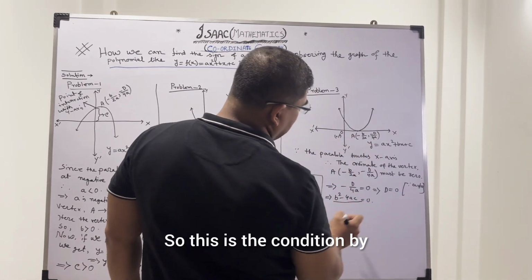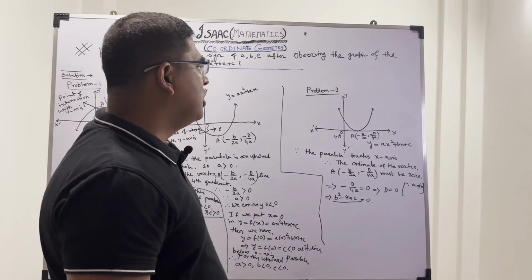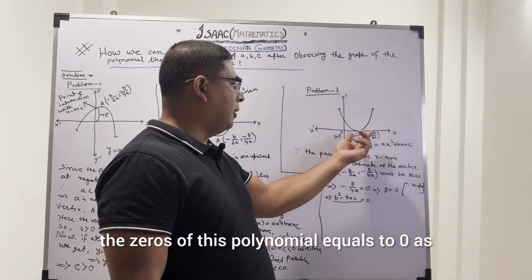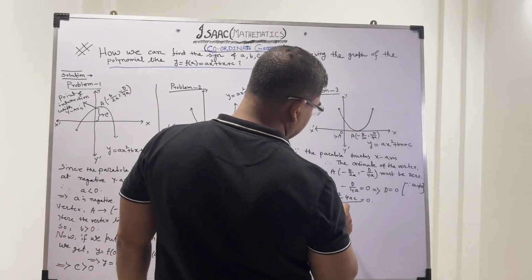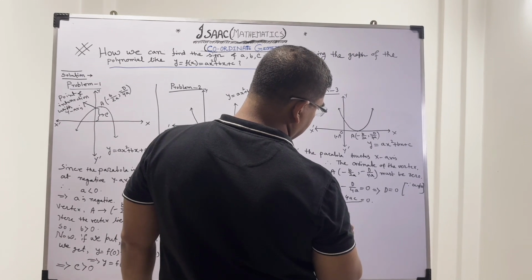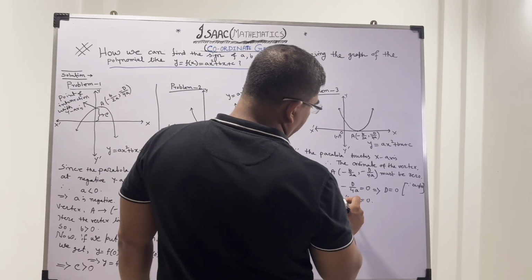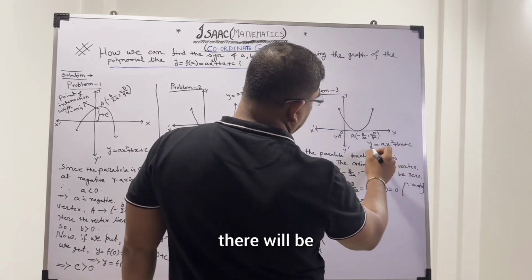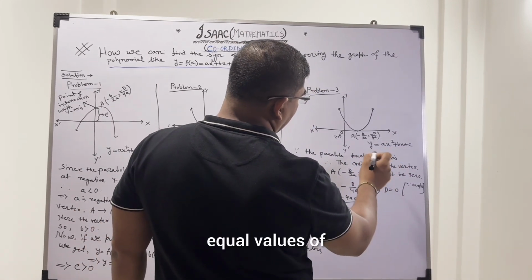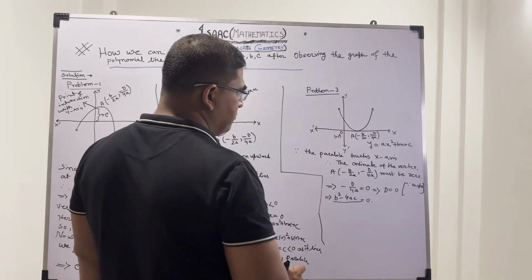So this is the condition by which we can say the zeros of this polynomial are equal, as for b square minus 4ac equals to 0, there will be equal values of x.